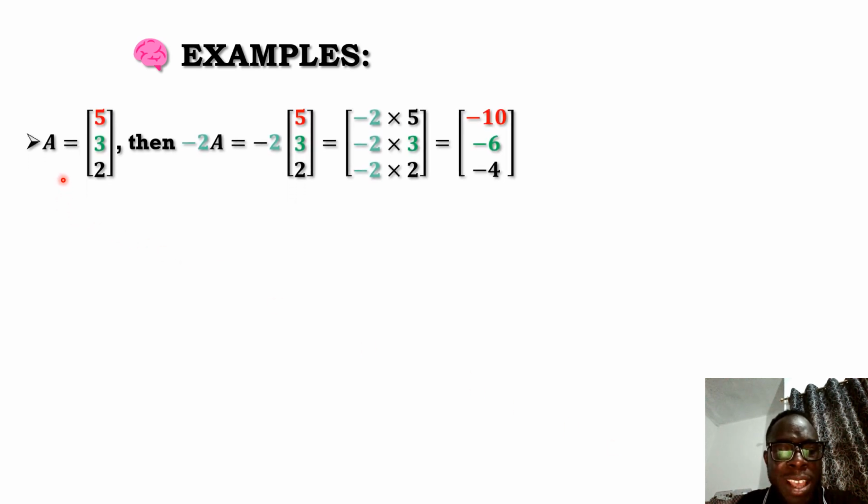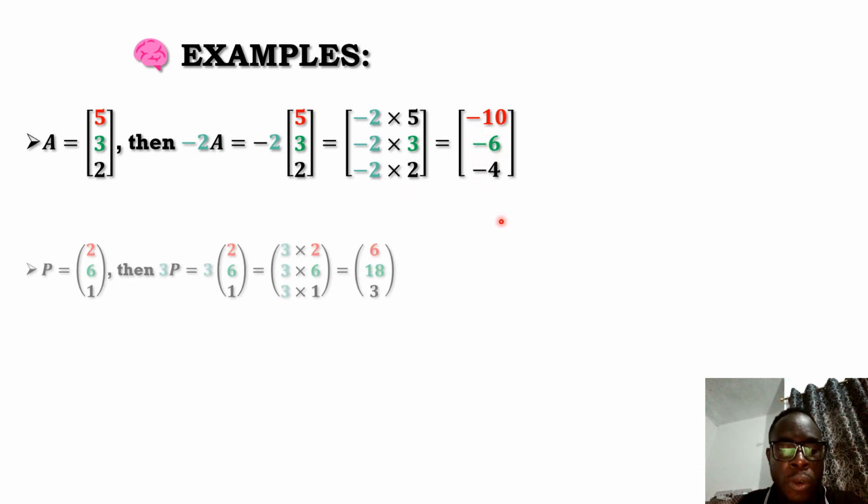We have A equal to a matrix, and what order of matrix is this? We have 3 rows and 1 column, so a 3 by 1 column matrix. Then -2A means that -2 is the k, the scalar, multiplying each of the entries. So it is -2 times 5, -2 times 3, -2 times 2, then our results will be -10, -6, -4.